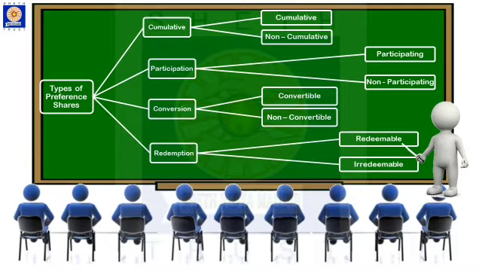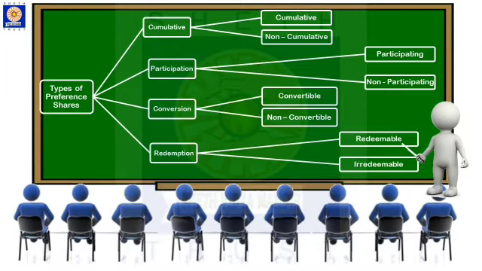Before starting with the explanation, for each category I will be giving you the most important technical words which you have to include in your answer. These technical words are the main titles which support each category and each type of preference share.